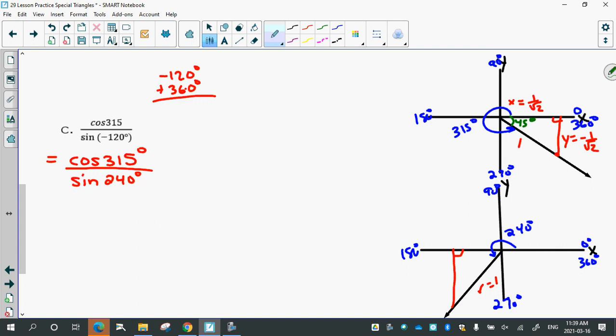Okay, so 240 minus 180 is going to be alpha. So it's a 60-degree triangle in the third quadrant. So x and y are both negative in the third quadrant.